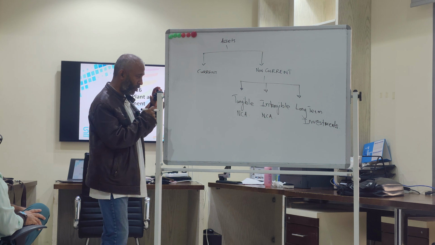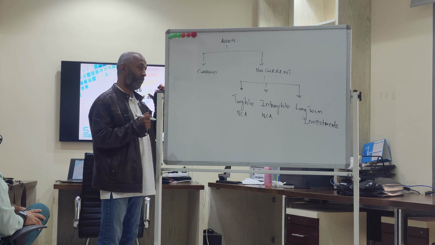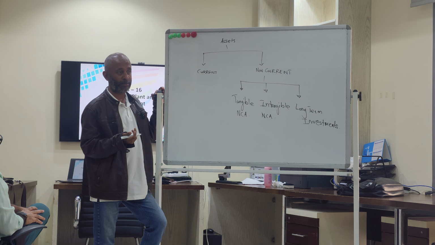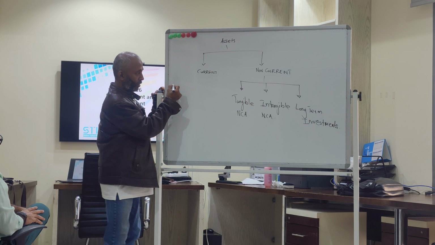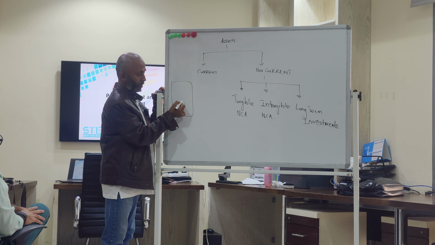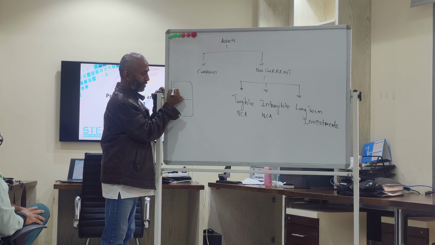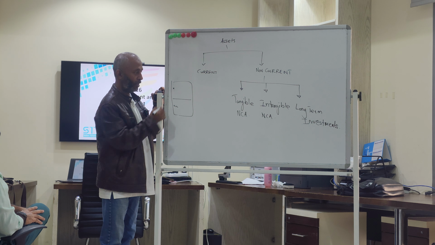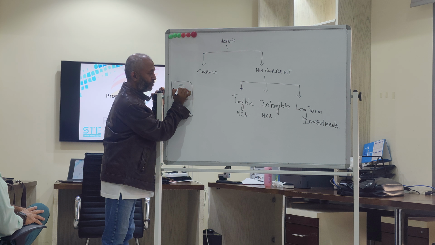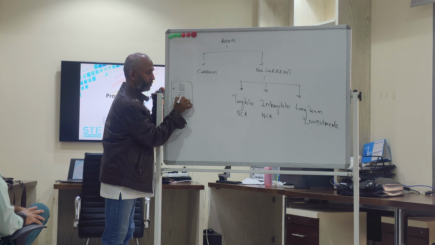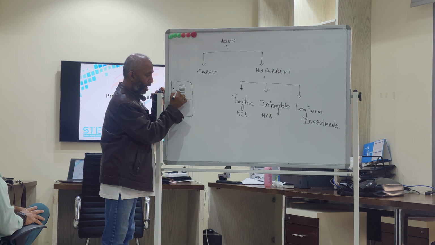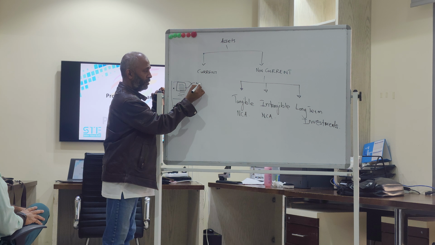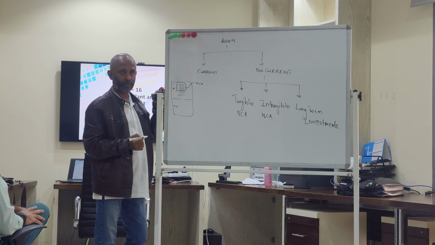Now, as you read your financial statement, especially your balance sheet, or the new name, statement of financial position, we have 2 sections. One is the asset section, the other is the equity and liability section. We have different line items here. Half the portion of the line items represents non-current asset.